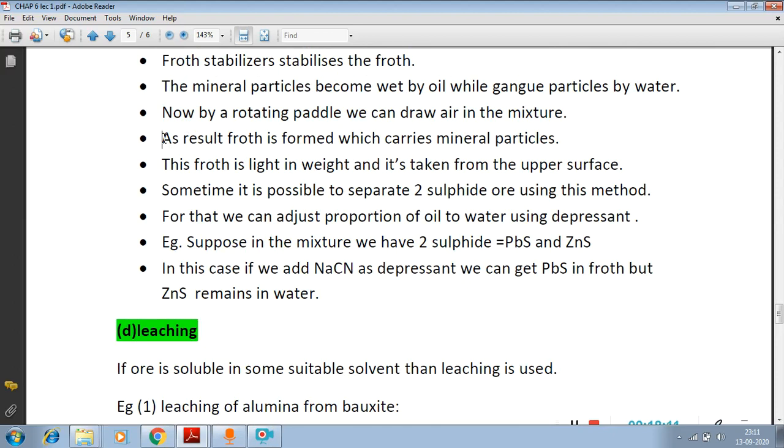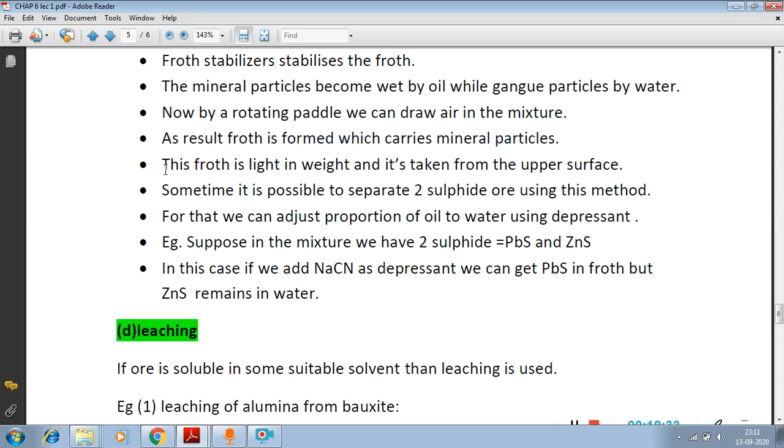As a result, when we are inserting some air, froth will be formed, which carries mineral particles. Because of air, froth will be formed and it carries mineral particles only, not gangue.